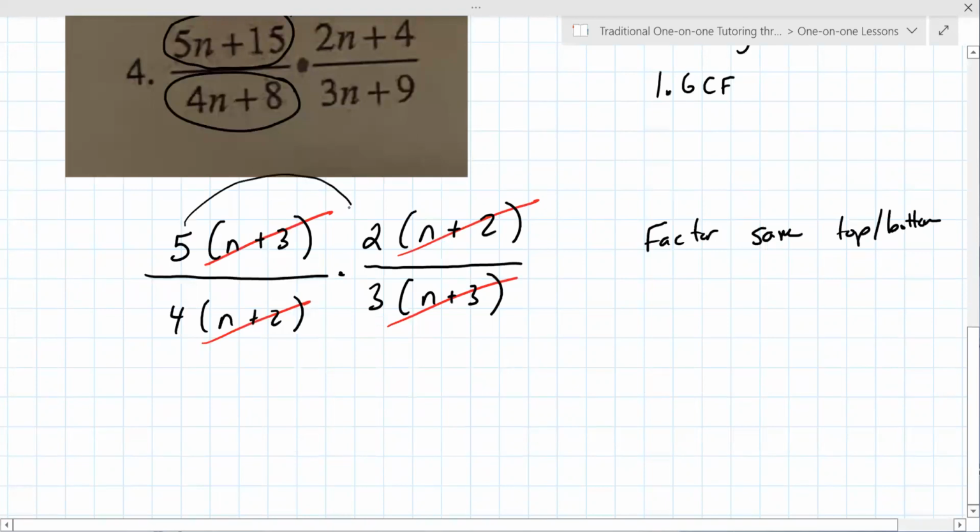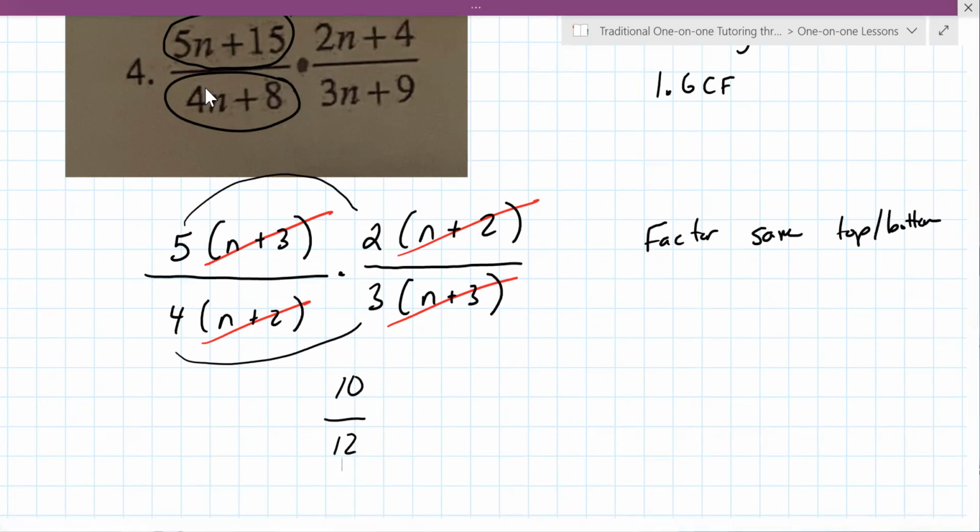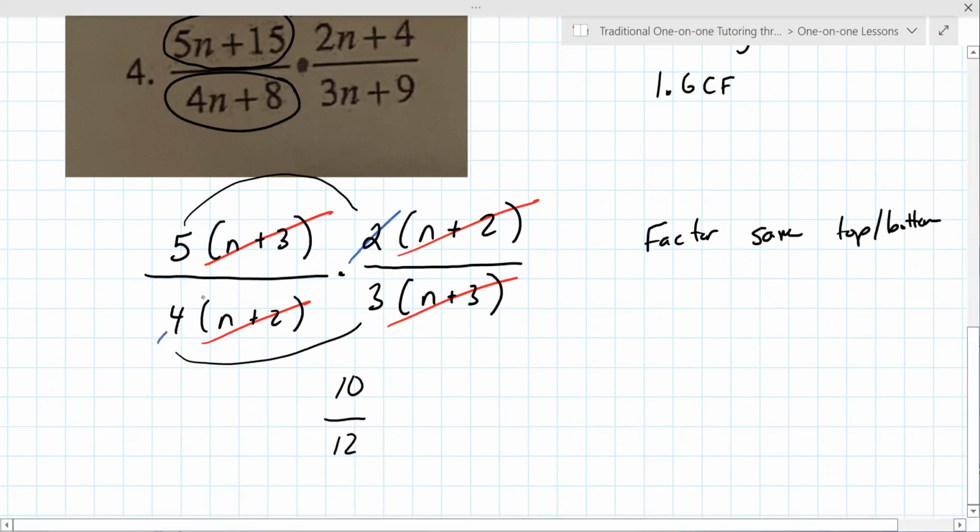So 5 times 2 is 10. 4 times 3 is 12. And if you can, you reduce this fraction, which means you could have reduced it in the previous step. For example, you could have said, oh, 2 and 4, those cancel, but you can also do the same thing here. Just divide each by 2, and you still get 5/6.